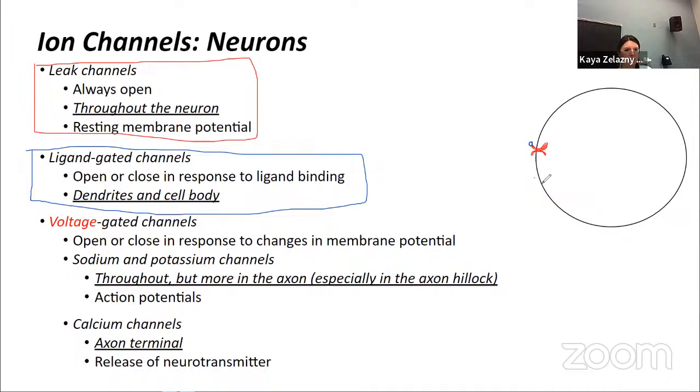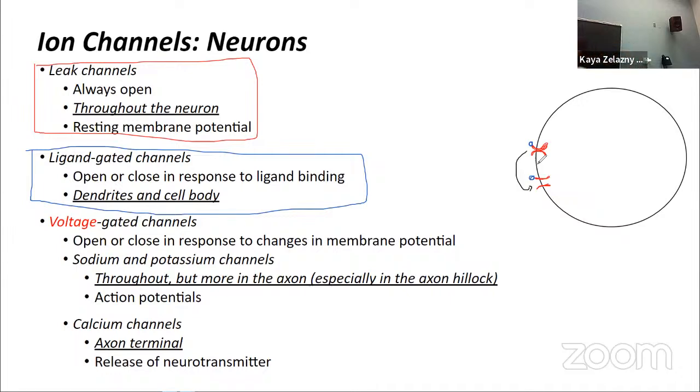I'll just draw another one next to it. When we see it bound, the bound state is going to be open. So it's changing the shape and opening that channel. All right. So we're moving from that state to that state as we bind that ligand on. So this is the actual physiological way that we'd probably set off those graded potentials.